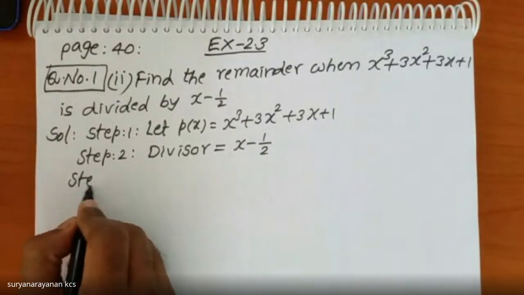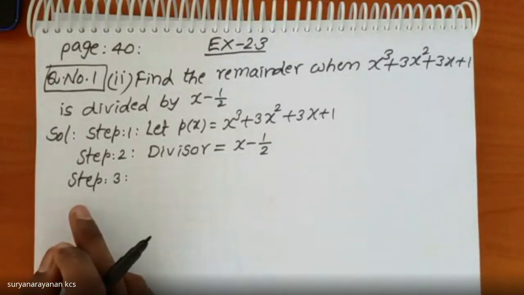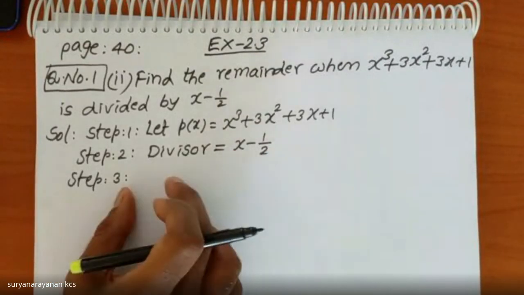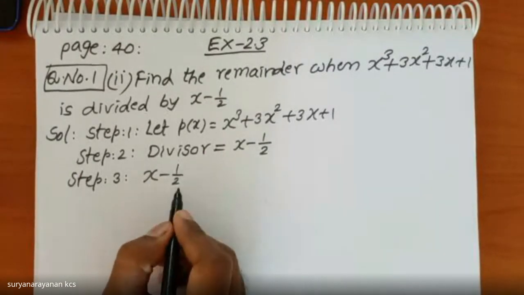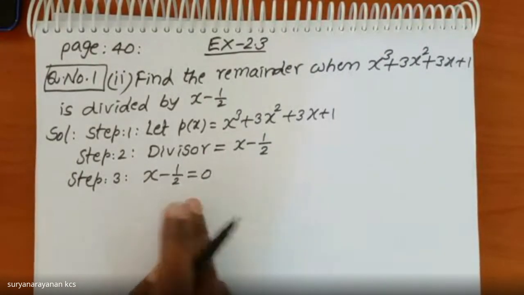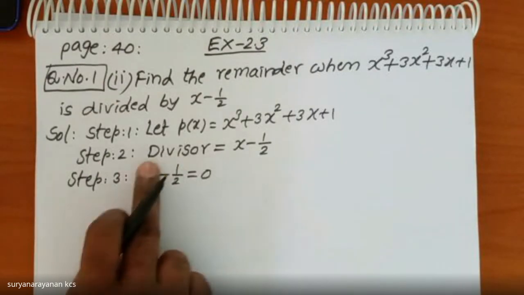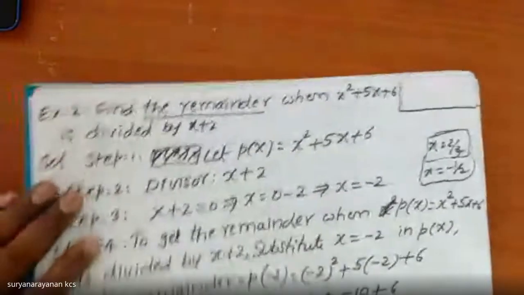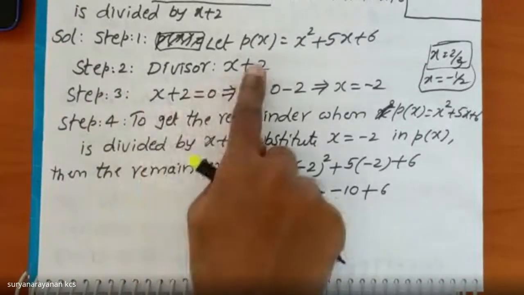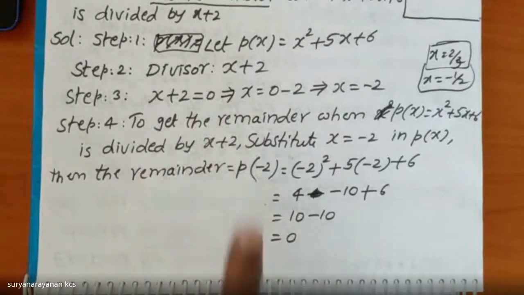In step 3, what should be done here? Write this divisor as it is, that is x minus 1 by 2, and keep an equal sign and 0. We have to create this equation. In the previous example also, see, my dear children, in step 3 we wrote the divisor as it is, kept an equal sign and wrote 0.